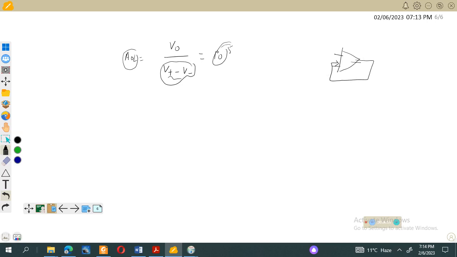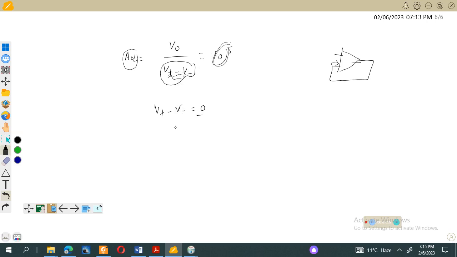It means if this value is very large, the input difference should be very small, and the smallest value is equal to 0.